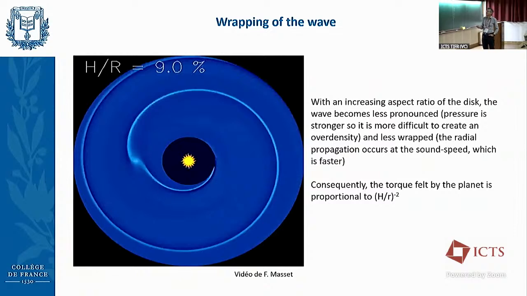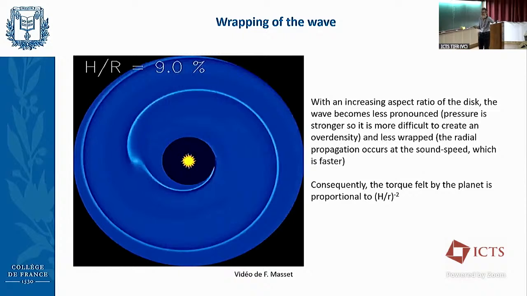One can demonstrate that, as a consequence, the torque felt by the planet decays with the aspect ratio of the disk. The higher the aspect ratio, the weaker the torque, because the wave is weaker. It's actually proportional to h over r, the aspect ratio of the disk, to the power minus 2.